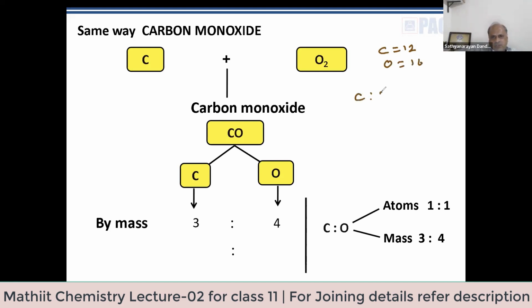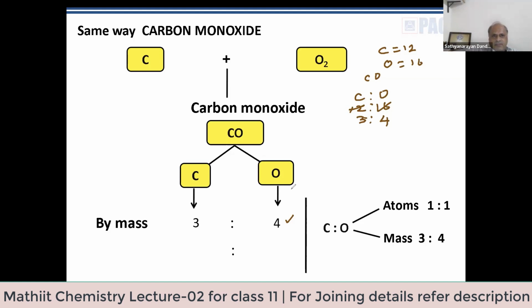So carbon is to oxygen is 12 is to 16, which is 3 is to 4. Therefore, 3 is to 4 by mass and 1 is to 1 by atoms. Done.